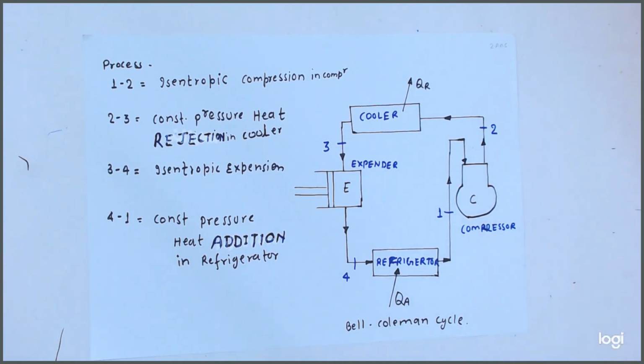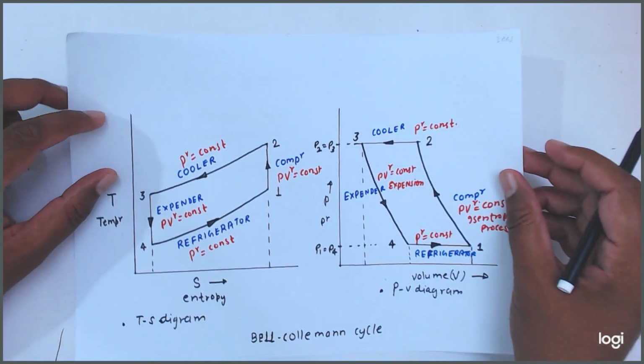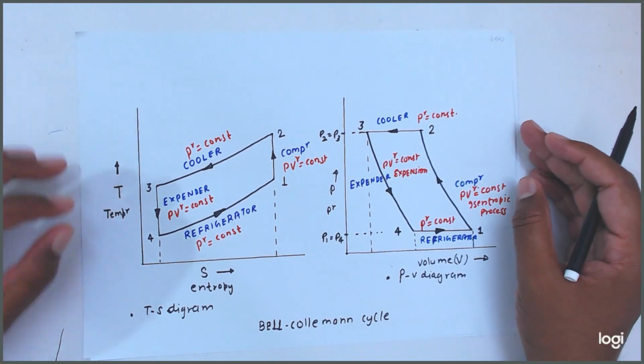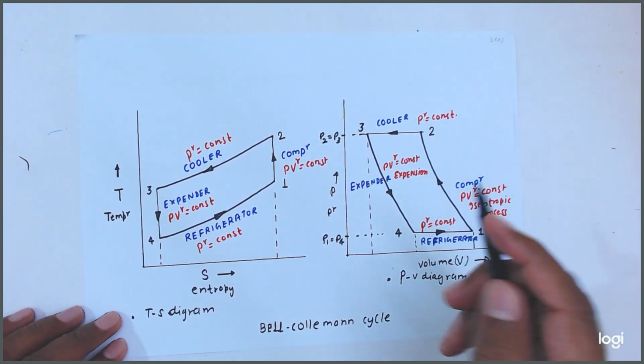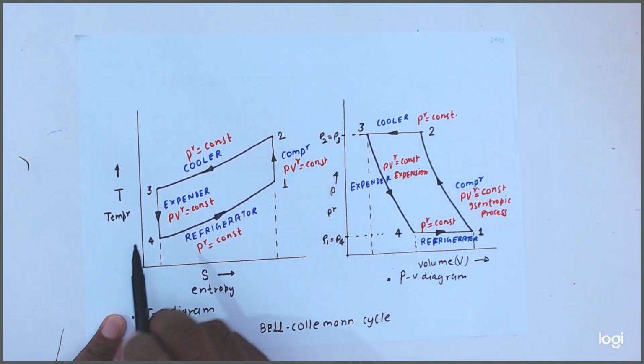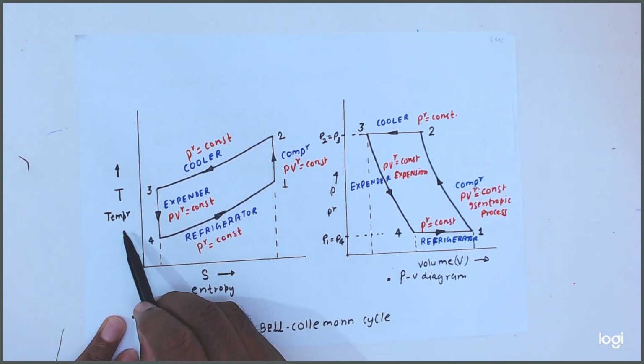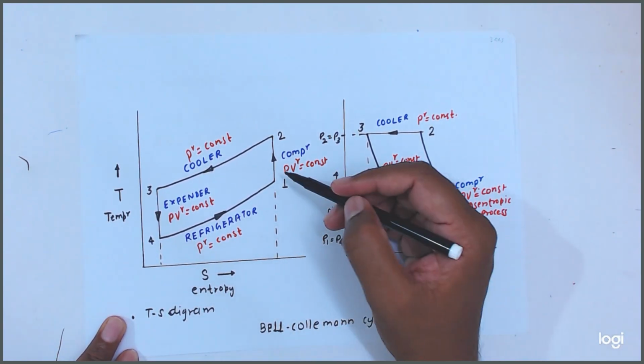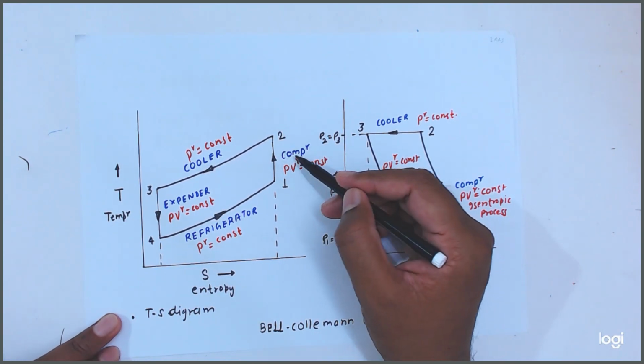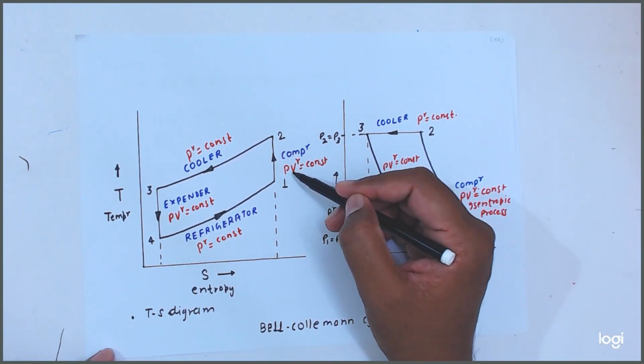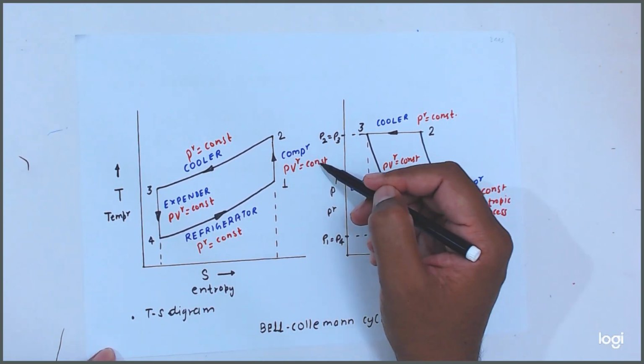Getting, friends? Now you can see this on the TS diagram and PV diagram. Friends, this is the TS diagram, temperature versus entropy. Process 1 to 2 is in the compressor and it is an isentropic process, PV to the power gamma is equal to constant.